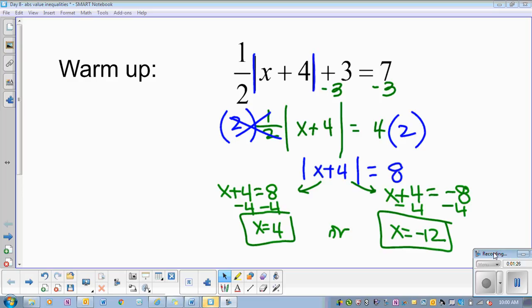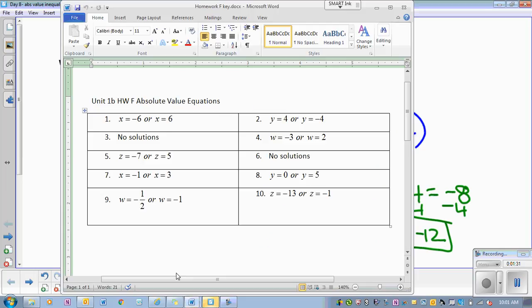So now let's check our homework. There we go. Homework answers. If you didn't get the problem right, or if you didn't do it yet, because you're kind of like, oh, I'm skipping this one. Shouldn't skip problems. But if you did, write down the answer so that when you go back and do this, you know if you did it right or not.